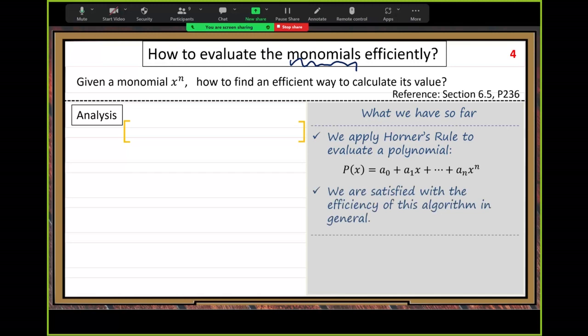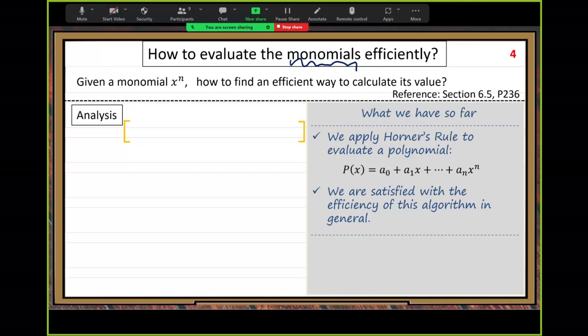In that case, here is the question. When we calculate this polynomial for general, arbitrary given coefficients, Horner's rule is the best. But for special coefficients, Horner's rule may not be the best.